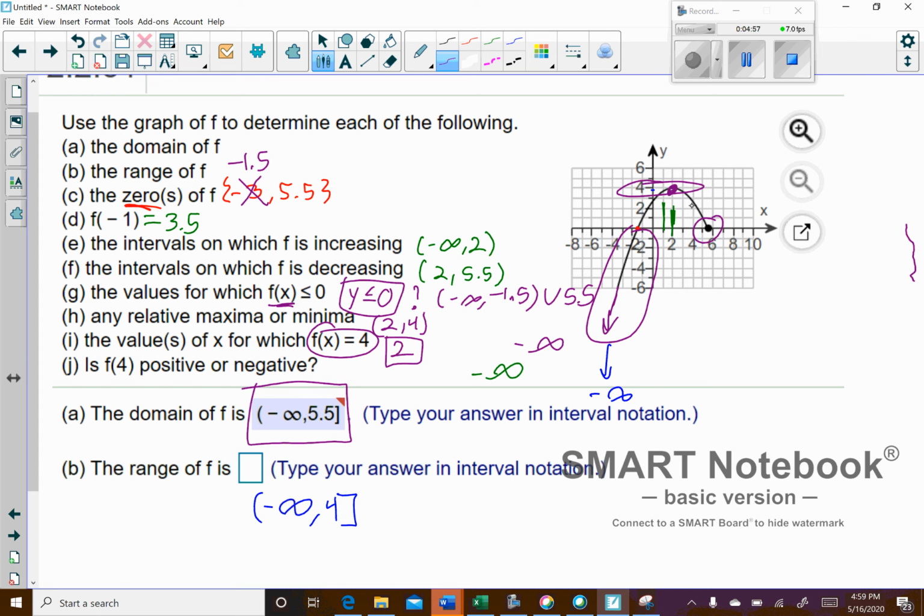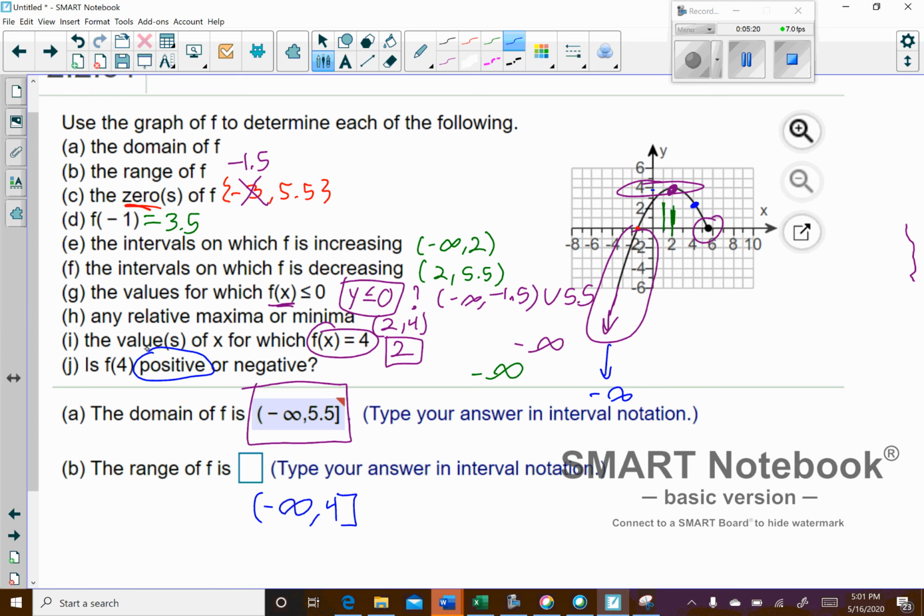And then this is kind of interesting. It says, is f of 4 positive or negative? So f of 4 is probably about 2.5 or so, which is positive. So the answer would be positive.